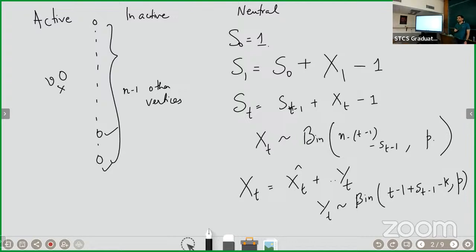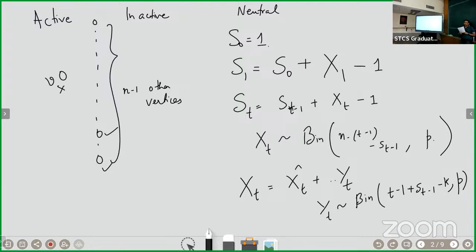N minus t minus 1 minus St. This was the number of neutral nodes. N i is N i minus 1 minus a binomial with N i minus 1. Right. So what is the distribution?